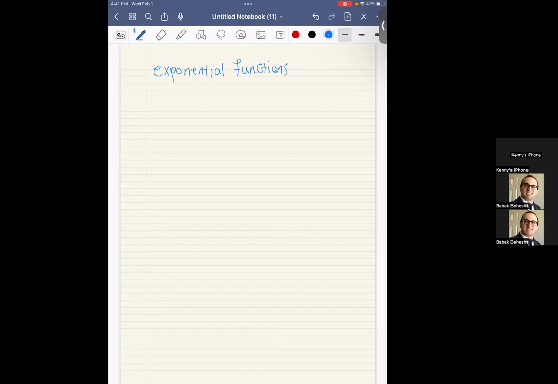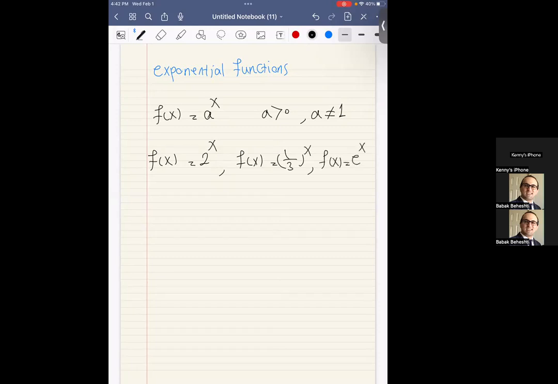So you had exponential functions, for example, functions of the form f of x equal to a to the power x, where a is positive and a is not equal to 1. For example, f of x equal to 2 to the power x, f of x equal to 1 over 3 to the power x, or the most important, e to the power x.